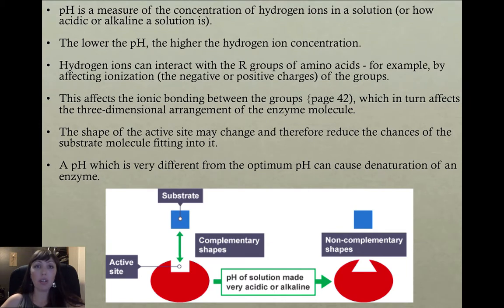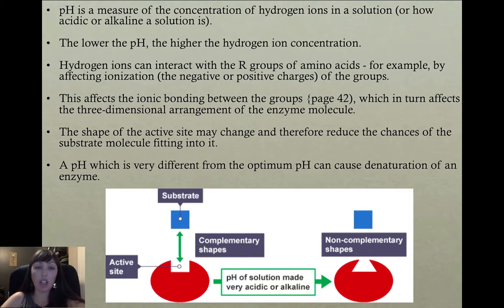pH is a measure of the concentration of hydrogen ions in a solution. The lower the pH, the higher the hydrogen ion concentration. Hydrogen ions can interact with the R groups of amino acids. So, for example, by affecting ionization, which is the negative or positive charge of the groups. So this affects the ionic bonding between the groups, which in turn affects the three-dimensional arrangement of the enzyme molecule.